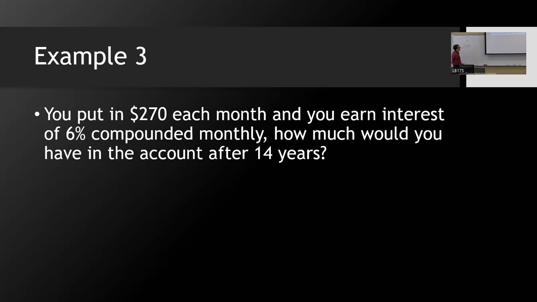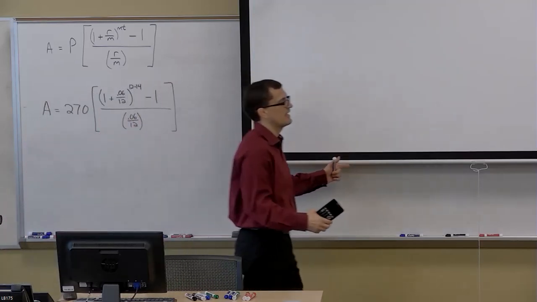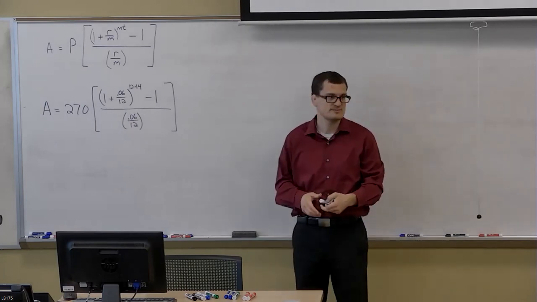How much would we have in the account after 14 years? That means my T is going to be 14. This was a given model we had dealt with before, and all we have to do is plug in the right numbers into the right spots.